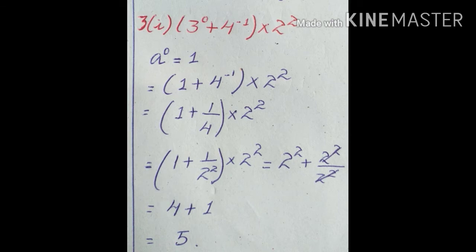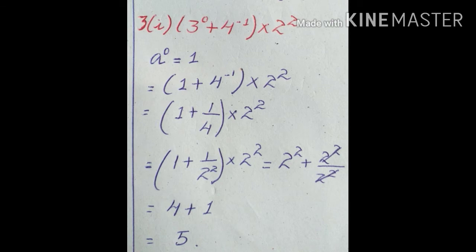Plus 4 to the power minus 1 bracket close into 2 square. In the next step, if we change the minus power we can write it downside, that is 1 by 4, bracket close into 2 square.